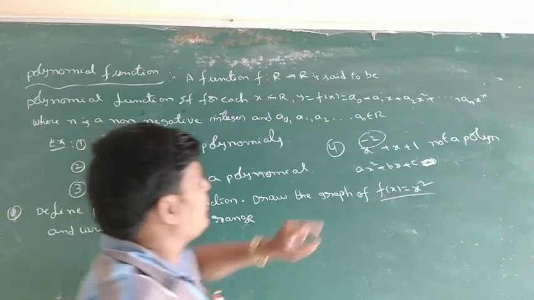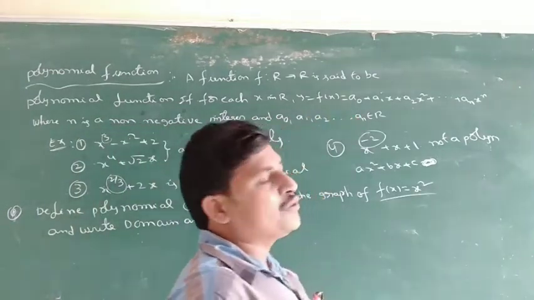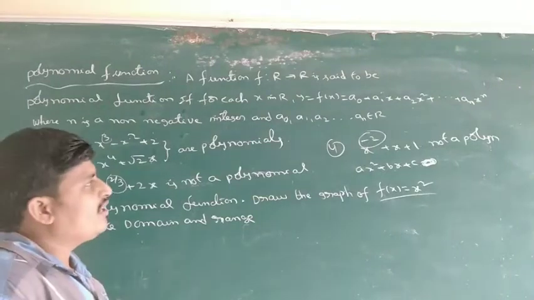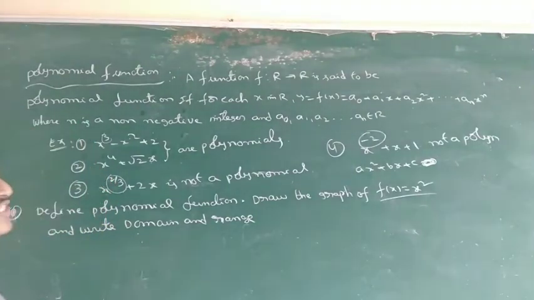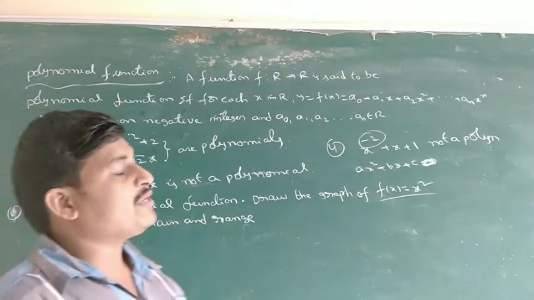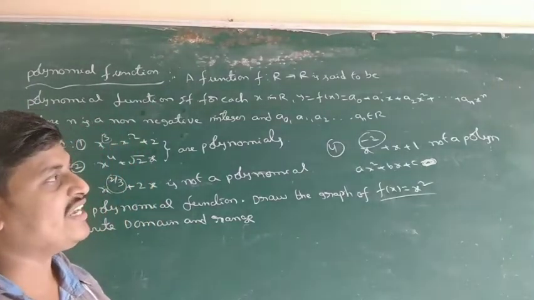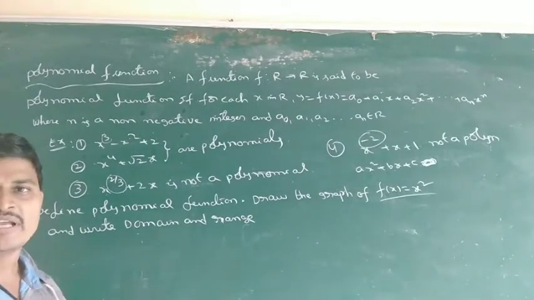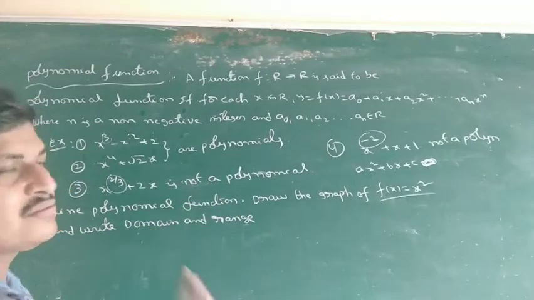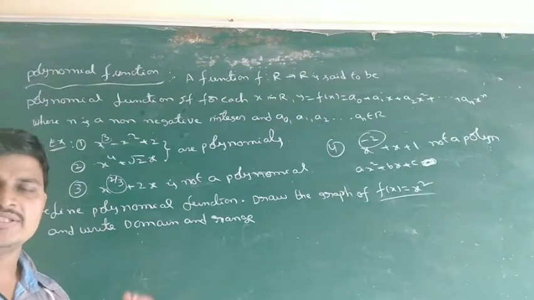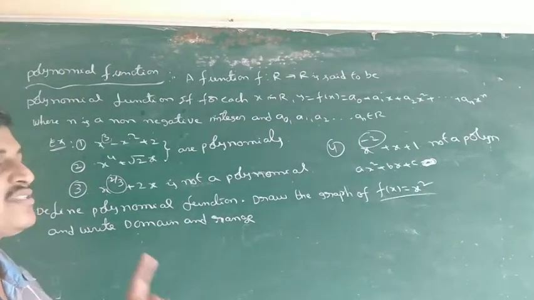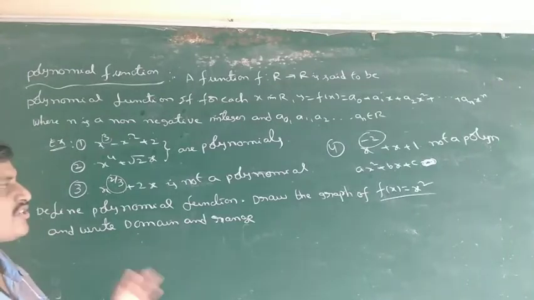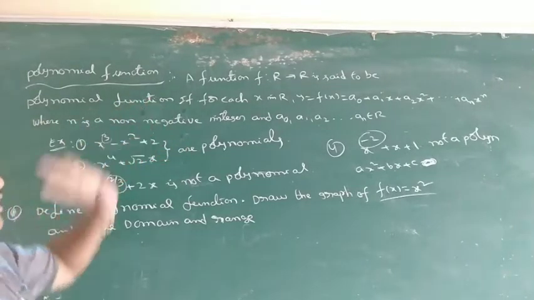In the same way, f of y is equal to a0 plus a1 into y plus a2 into y square and so on up to an y power n. It is not only x; the variable can be x, y, z or any variable, but single.